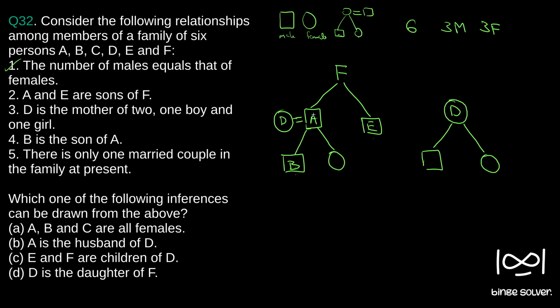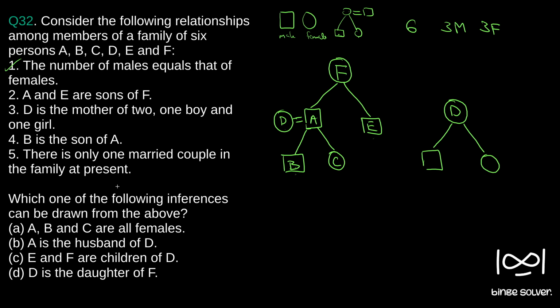And the only person left in the group to be filled is C. So this has to be C. So A, B, C, D, E, F all are filled, and since there are 3 female members, this has to be a female member. All 3 male members and 3 female members, only 1 married couple, and all the relationships are filled. So we got our information.